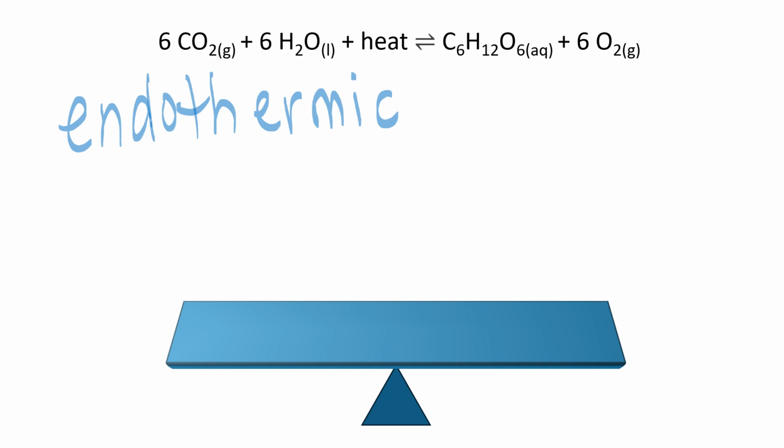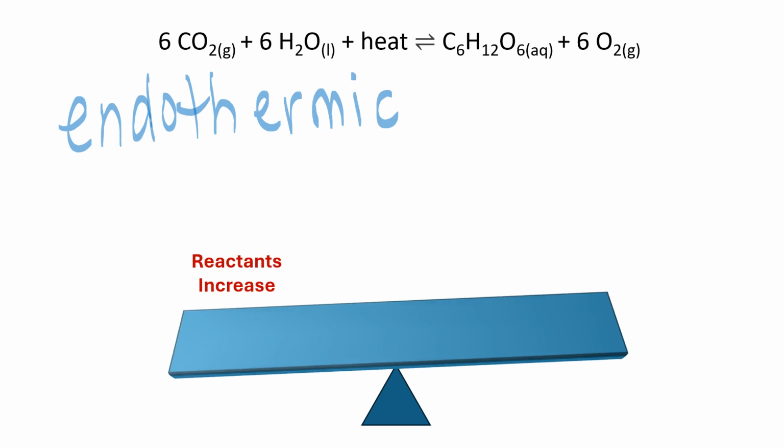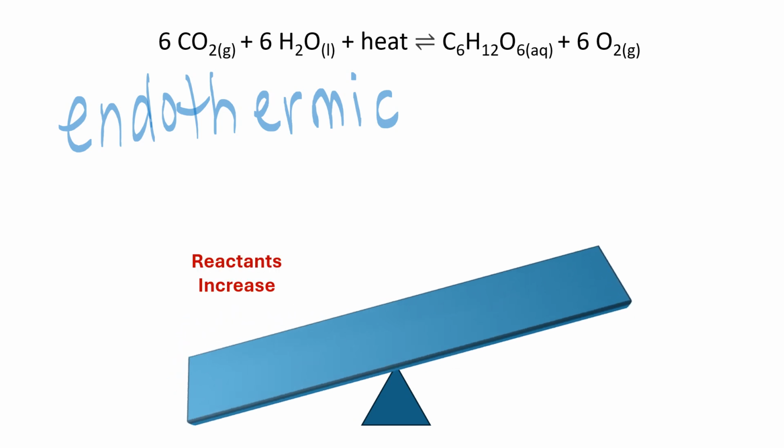And then from there, if you're adding or increasing the temperature, or you're lowering or decreasing the temperature, you just go from there. So if we have this endothermic reaction and we want to increase the temperature of the reaction, that means that we're adding more heat. And because heat is on the reactant side, if we add more heat, the reactant side feels heavier because it's like we're increasing the amount of reactants.